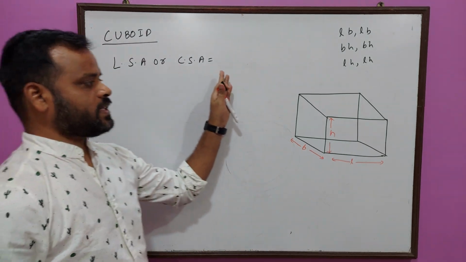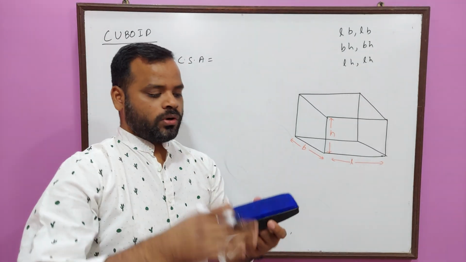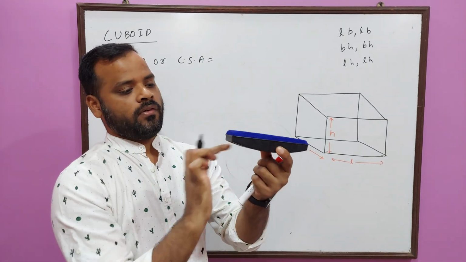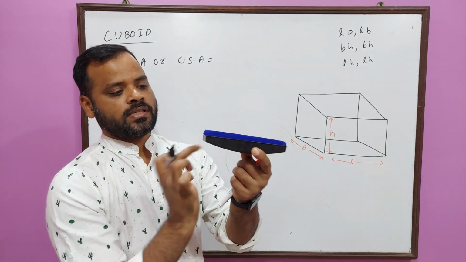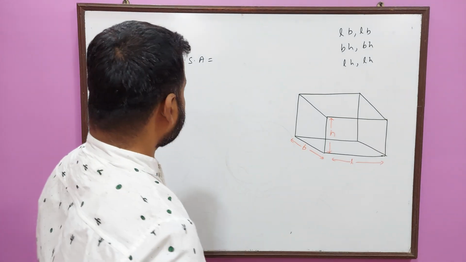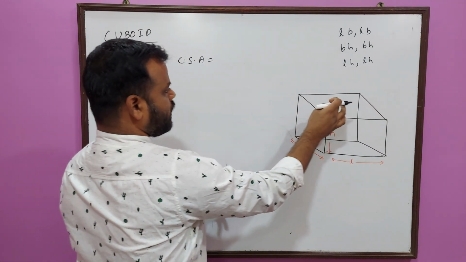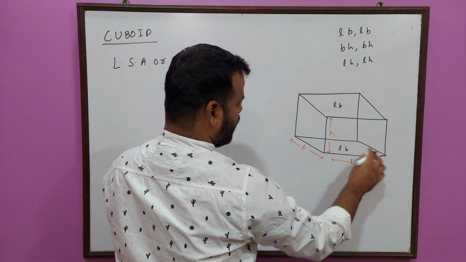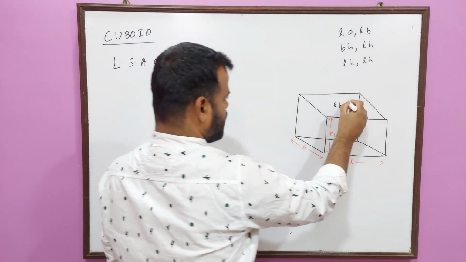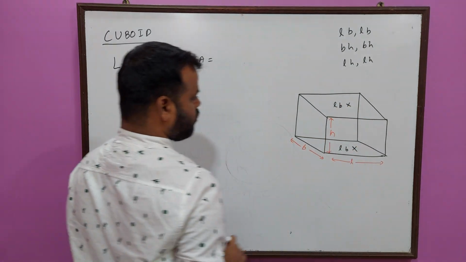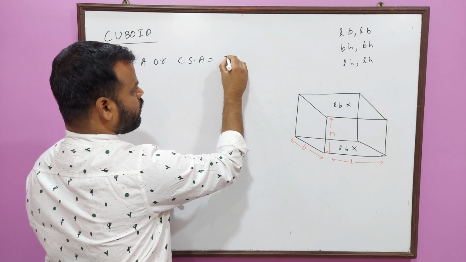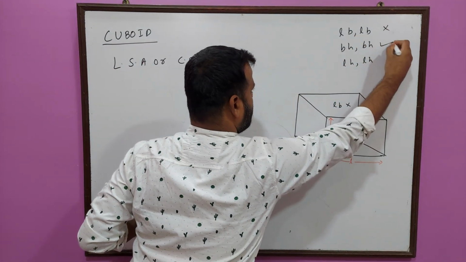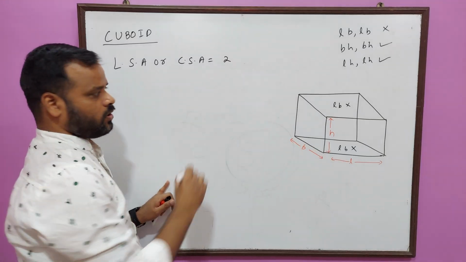So the lateral surface area will be, if you exclude the top and the bottom, the rest of the side part will be the lateral surface area or the curved surface area. So if we exclude the base, means this LB and this LB are excluded, what is remaining? 2 BH and 2 LH are remaining.